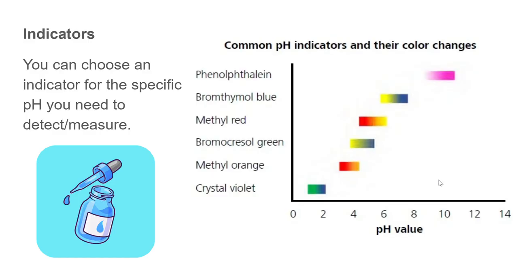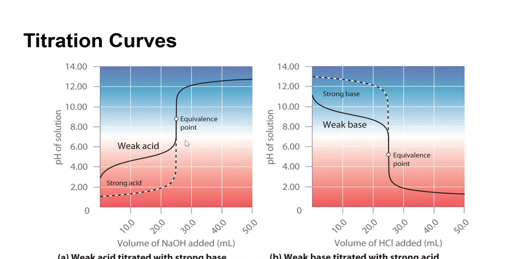So, for instance, if I'm trying to do a titration that has an equivalence point around 8, I do not want to use methyl orange because it's not even close. Once I get over to 8, the whole solution is just going to be orange. So it's really important that you choose the indicator that matches your outcome and what you're trying to achieve.